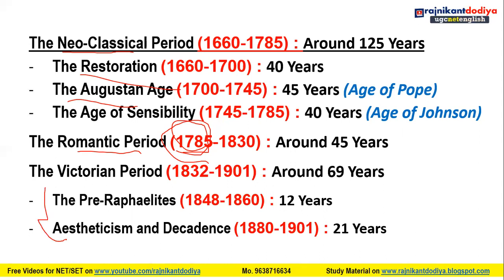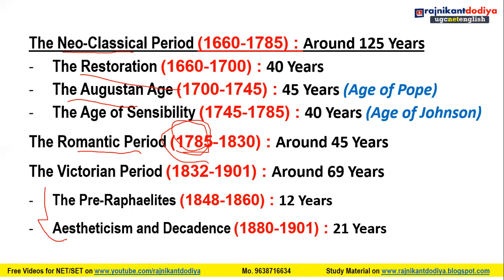The Pre-Raphaelites marked a period of 12 years, and aestheticism and decadence emerged till 21 years. Keep in mind, the Pre-Raphaelites and aestheticism and decadence emerged in the Victorian period.